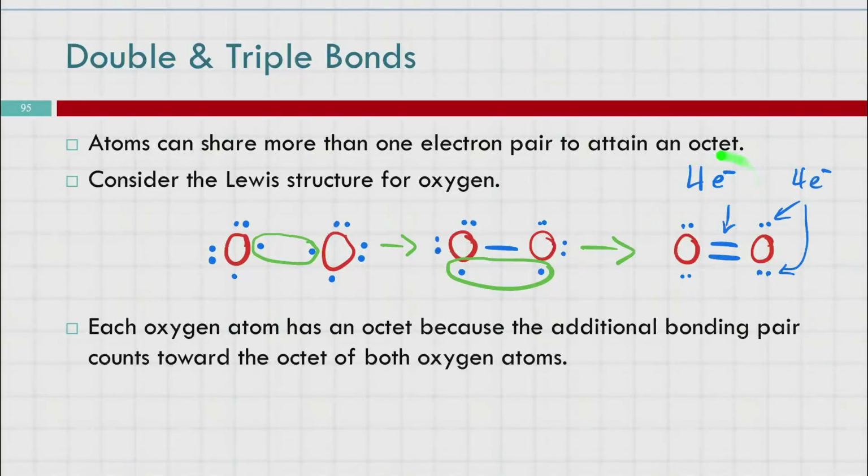So between the double bond and the lone pairs, we've got a full octet for each of our oxygens. Questions?